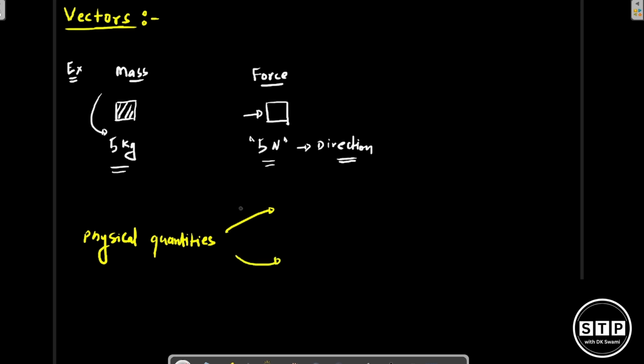Those quantities which only have the magnitude are called scalar quantities. For example, mass. For mass you will need only the magnitude to completely define it. And there are other quantities which will need the magnitude as well as the direction.